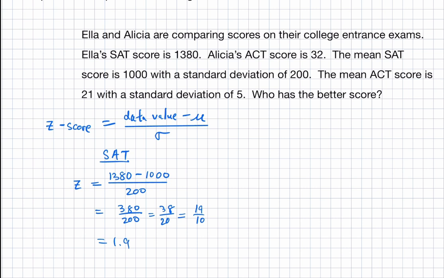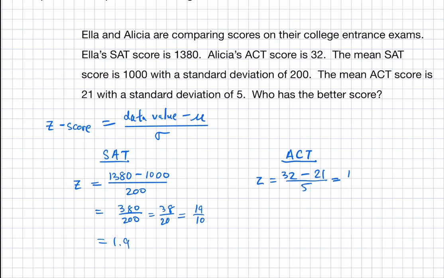So let's take a look at the one for ACT. So using the same z-score formula, we're going to take the actual data value, which is 21. Not 21. Alicia scored 32. Okay, I'm going to say z is equal to 32 minus the average, which is 21, divided by 5.